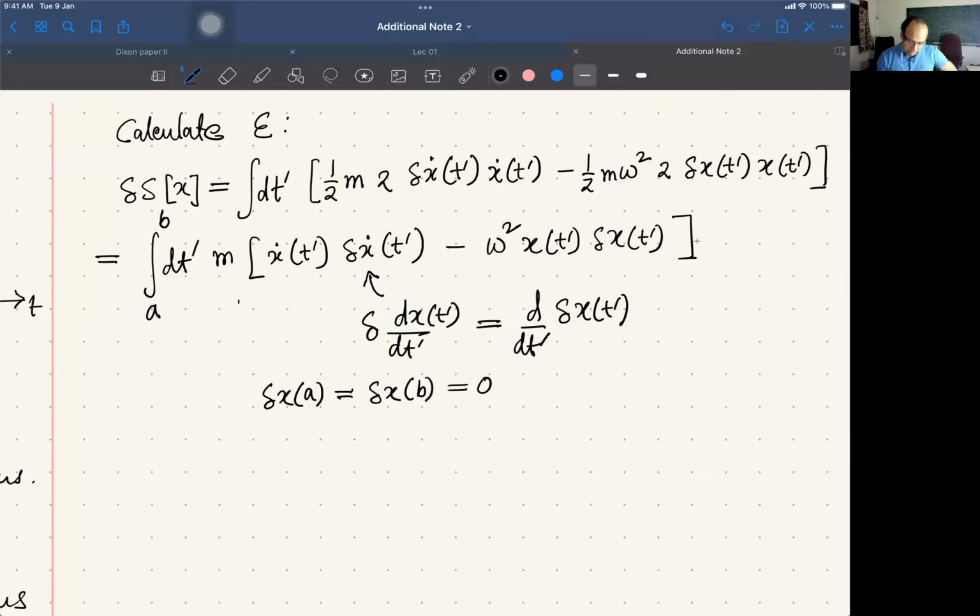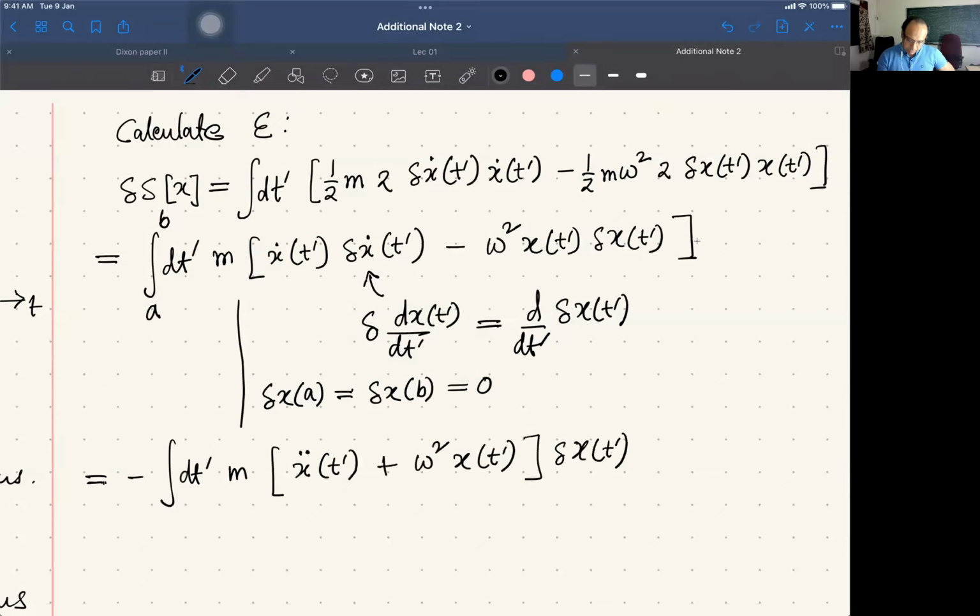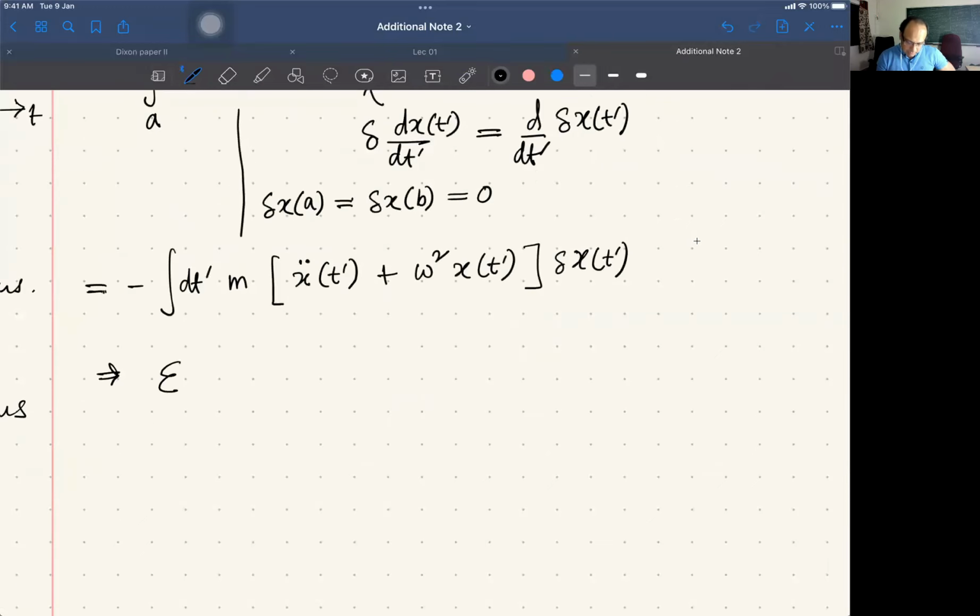Then the total time derivative piece becomes 0, and what you have is minus the integral dt' of m (x double dot(t') plus omega squared x(t')) times delta x(t'). This implies that E of x(t), x dot(t), and so on is nothing but minus m (d²/dt² plus omega squared) acting on x(t).